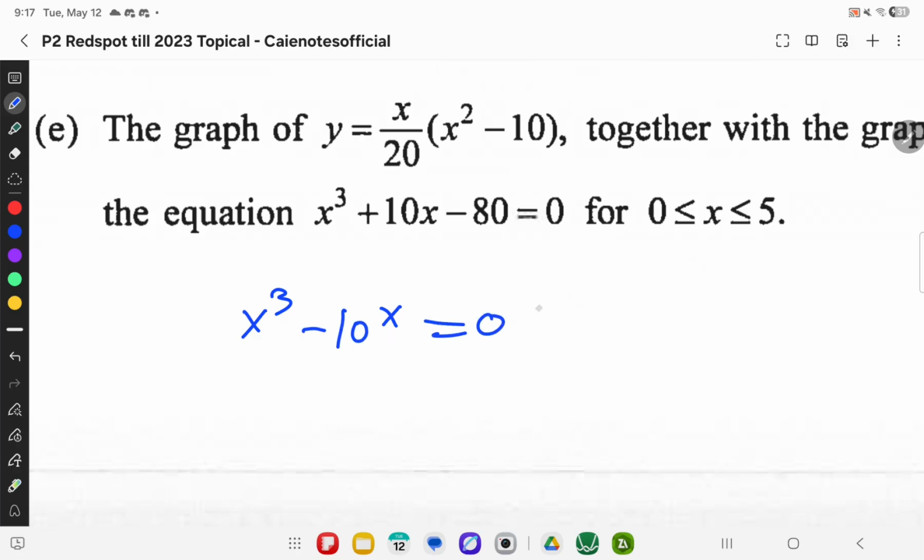Now the only thing missing here is 80, so we do negative 80 is equal to 0. We add 80 on both sides. We subtract 80 on both sides, sorry, and you find this value and boom.